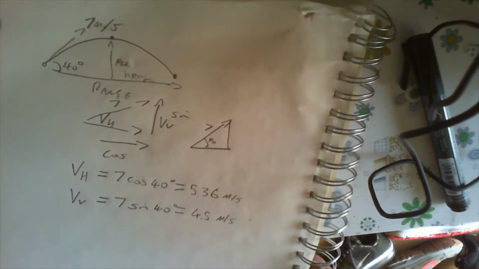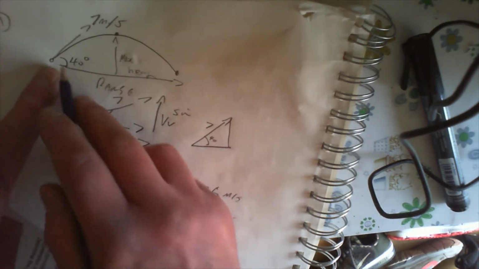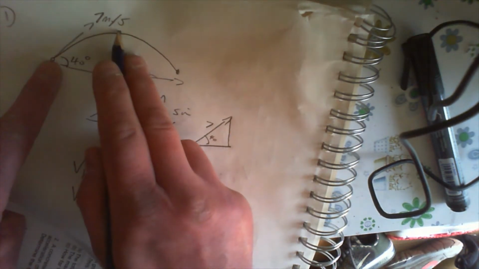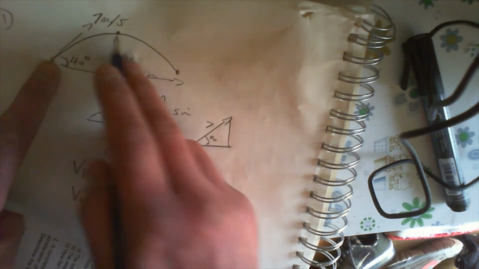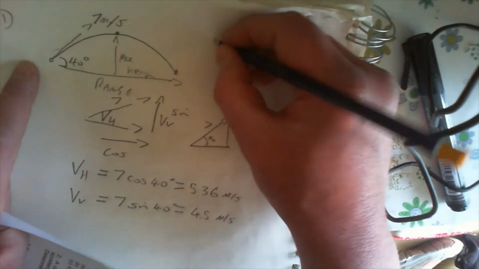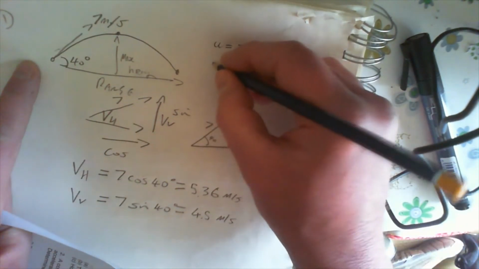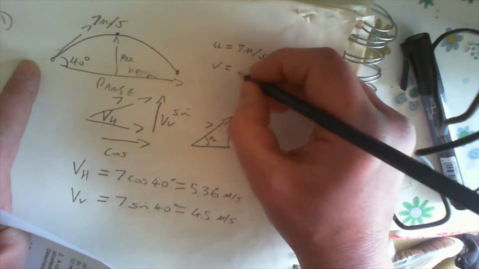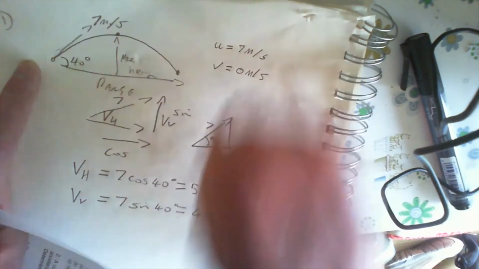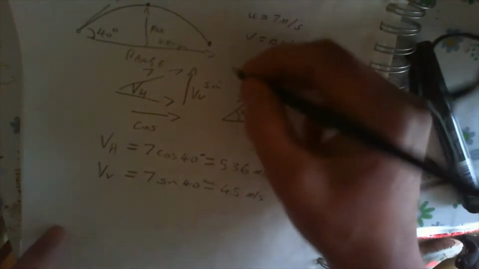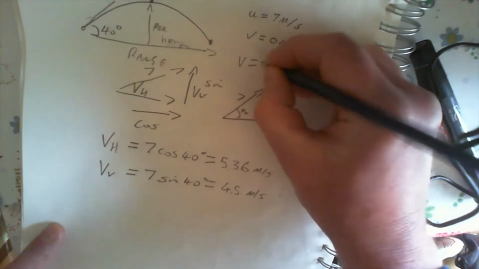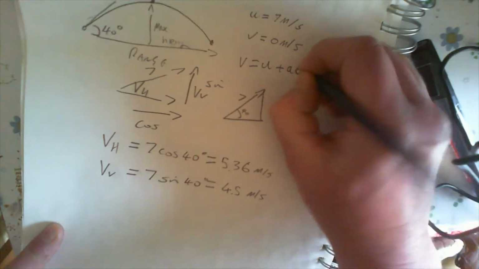Right, so the total time of flight, we can work that out because we can work out the time it takes to get to here, because at this point u equals 7 meters per second and at this point v equals 0 meters per second. So v equals u plus at.